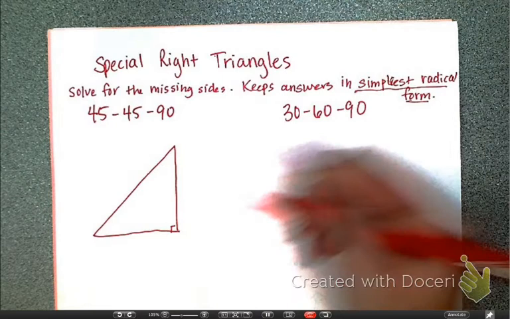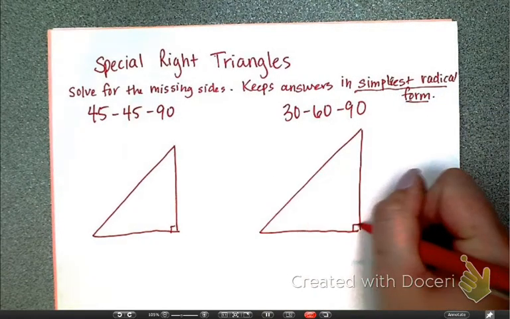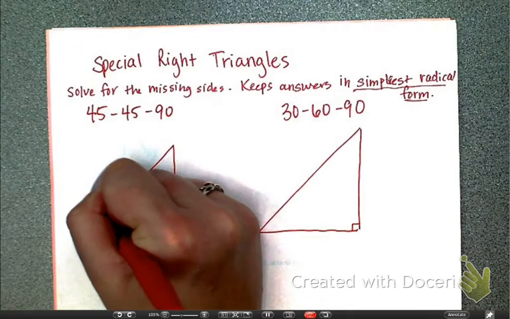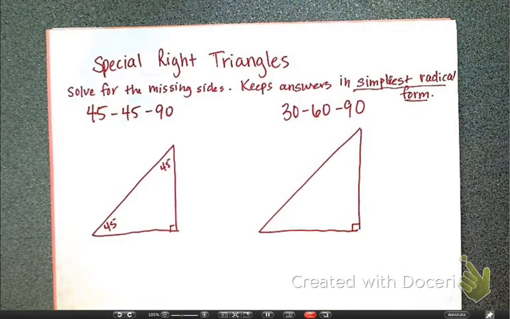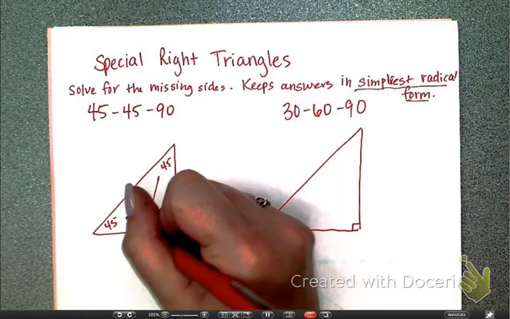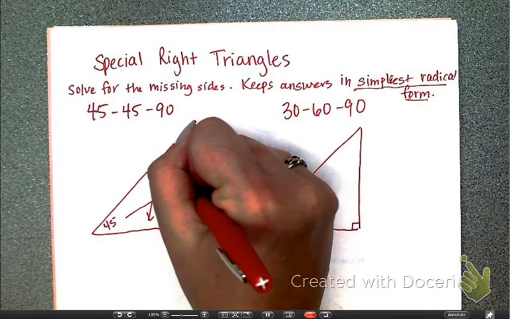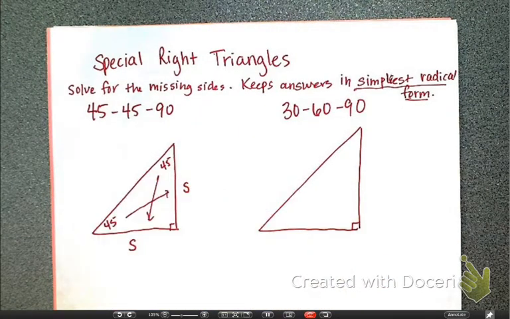So let's review the information about those triangles. In a 45, 45, 90, both sides across from the 45-degree angles will be congruent. They are exactly the same because the angles are the same. So we are going to label those sides S, as in Sam.